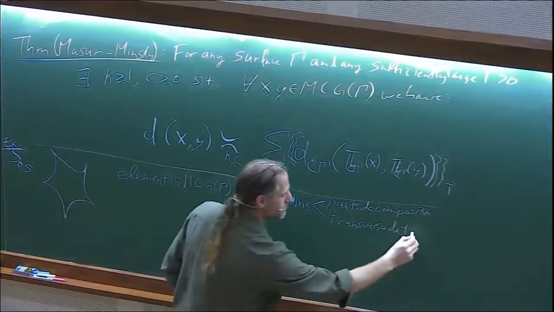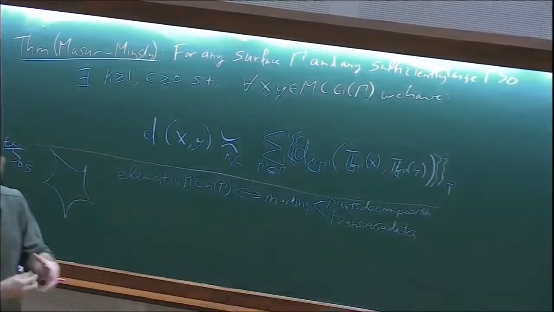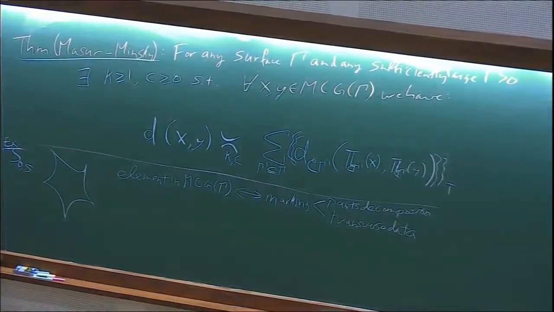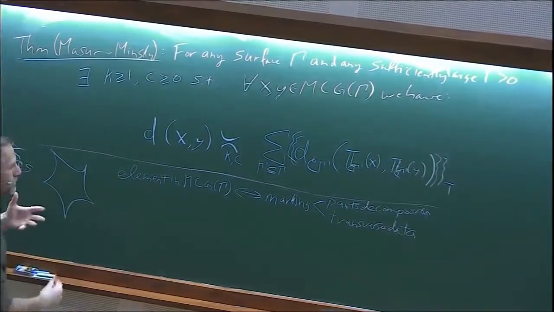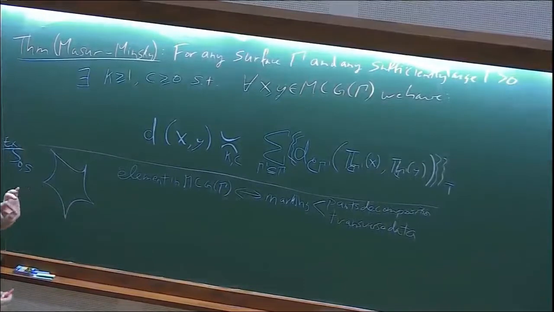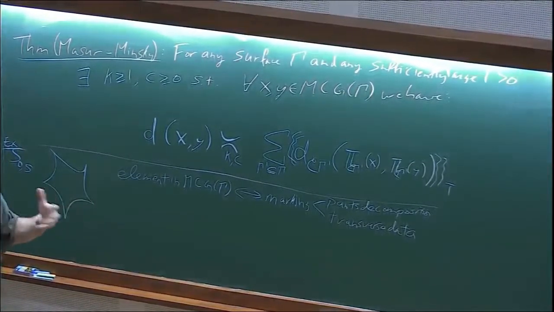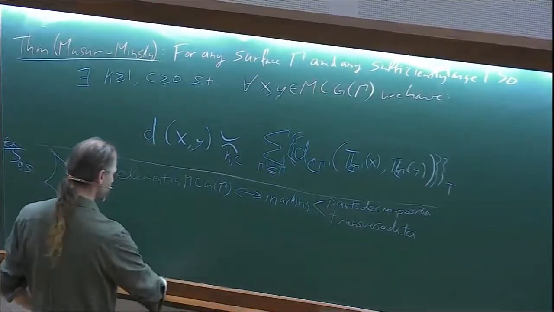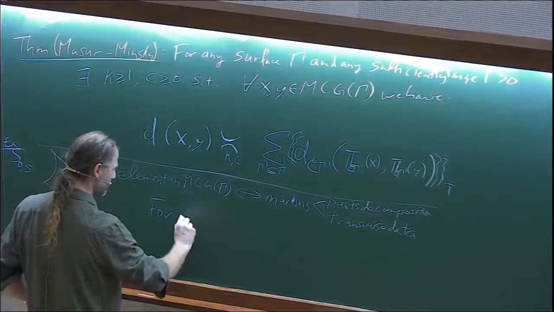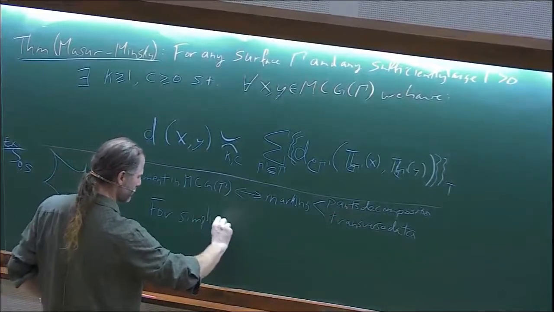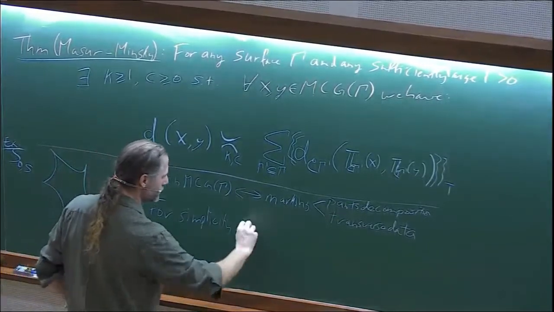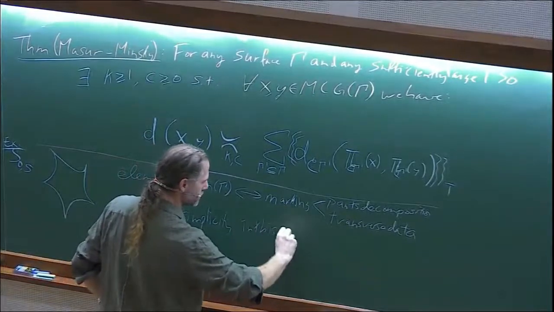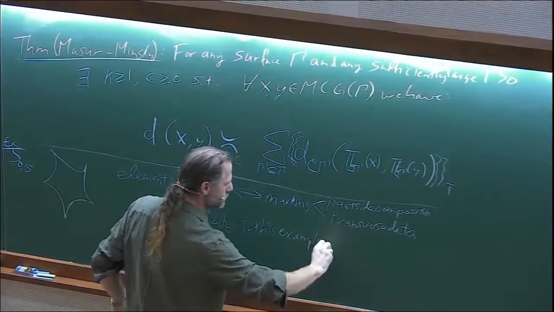And the pants decomposition, remember, was just a collection of simple closed curves, and the transverse data was another set of simple closed curves. And so for what I want to do today, for this simple example, let's ignore the transverse data.